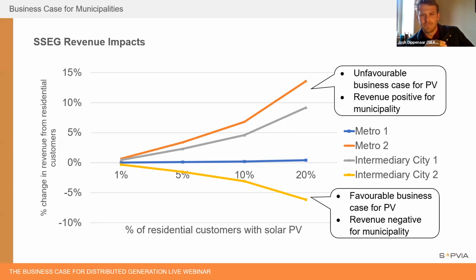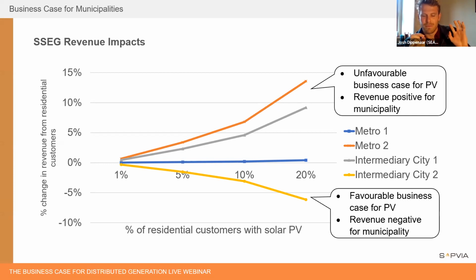Interestingly, some of those tariffs, the orange one and the gray one, so Metro 2 and Intermediary City 1, see quite an increase in revenue when customers move onto these SSEG tariffs. That's because one had a really high fixed charge of 380 rand per month.